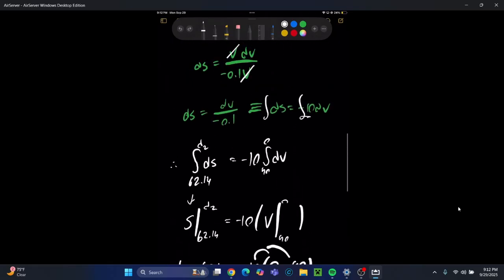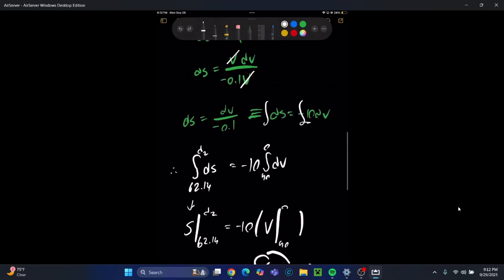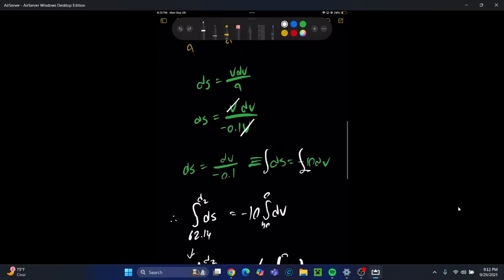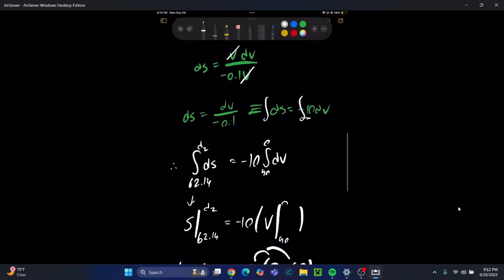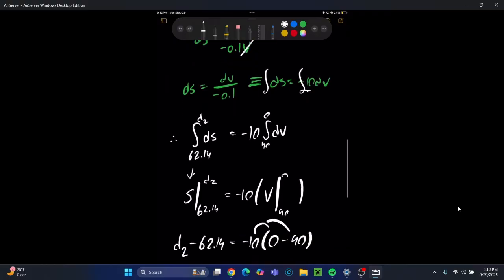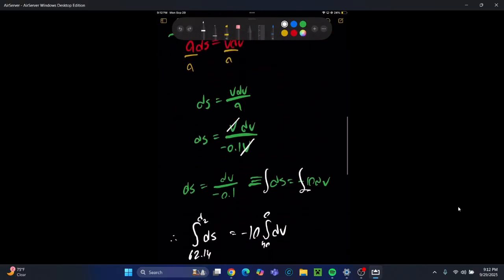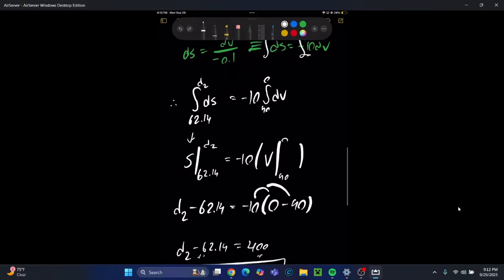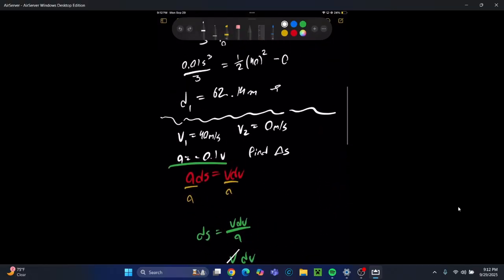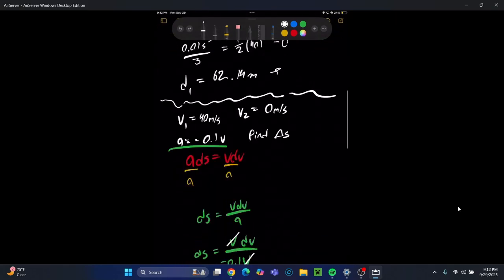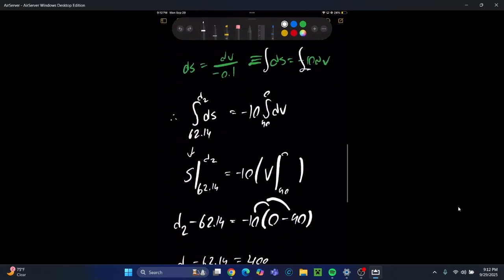Anyway, we got this equation: ds equals negative 10 dv. We're integrating both sides. Our lower bound of position, our initial value, is this intermittent point we found. Our upper bound is wherever we end, which ends up being our distance traveled, which is convenient.